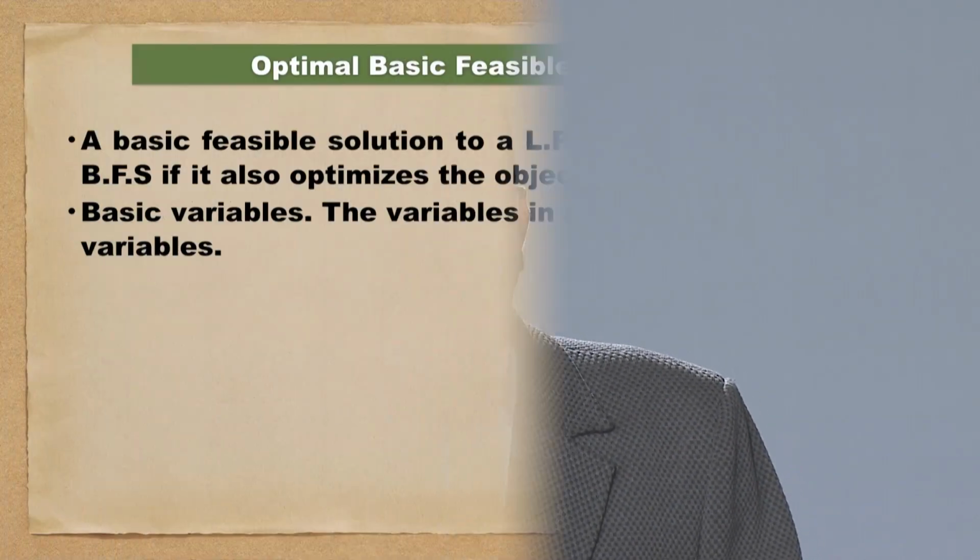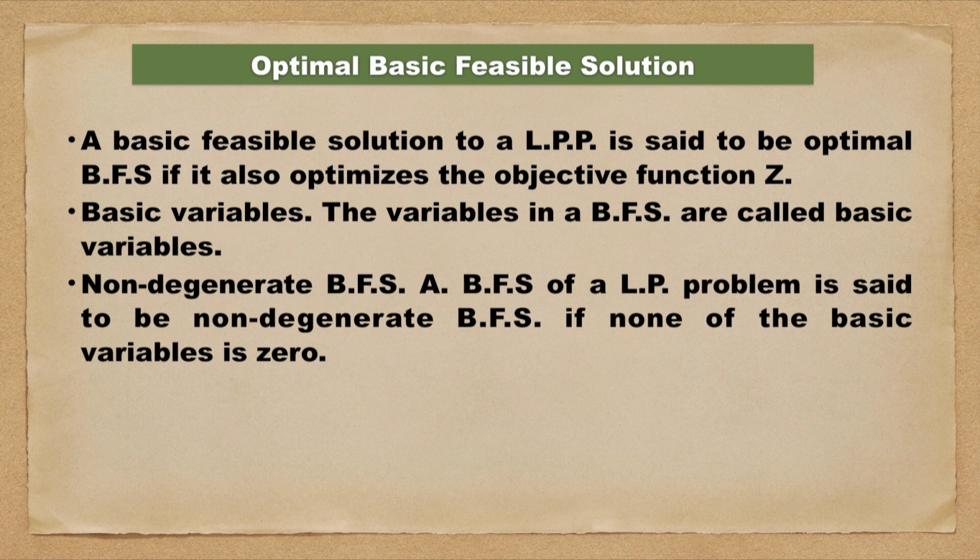Basic variables are those m variables which are there in basic solutions, and if any of the basic variables is 0, then it is called a degenerate basic solution. Then we come to the non-degenerate basic feasible solution.